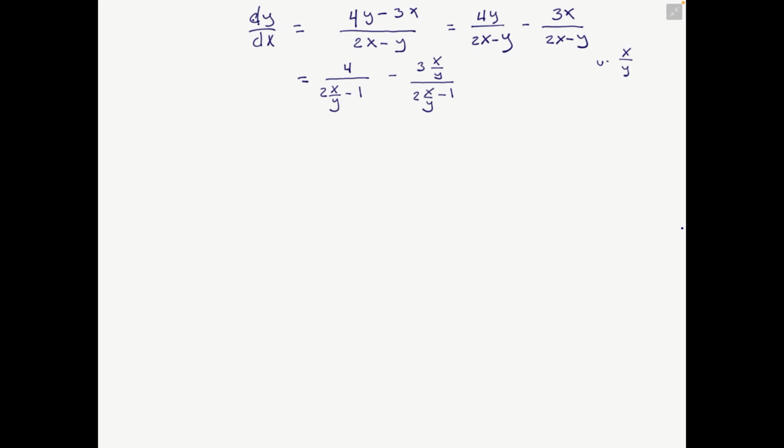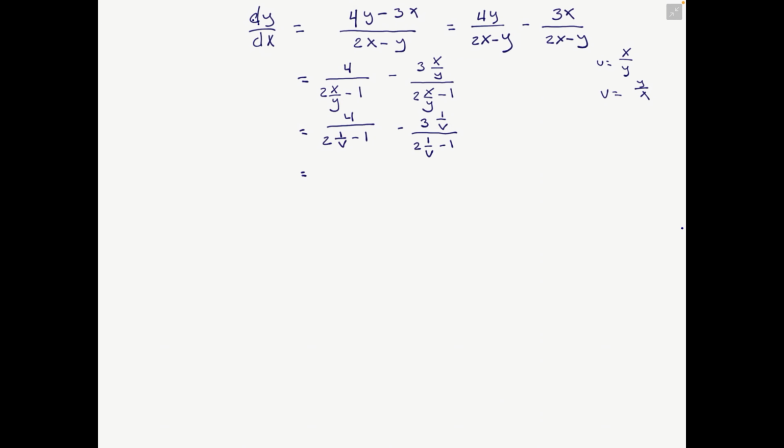Instead of using v equals that, I'm going to still work with v equals y over x, and just do the algebra.